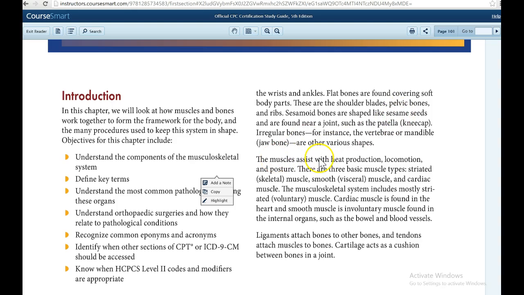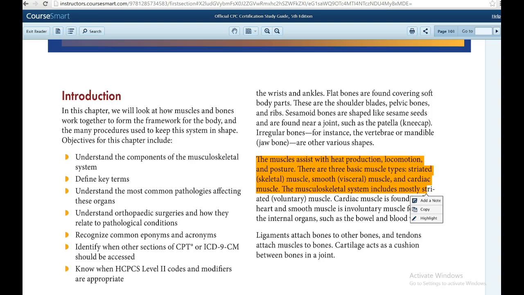The muscles assist with heat production. These are some of the functions of your muscles, you all. They assist in heat production, locomotion, and posture. And there are three basic muscle types. First, you have the striated skeletal muscle, the smooth visceral muscle, and the cardiac muscle.